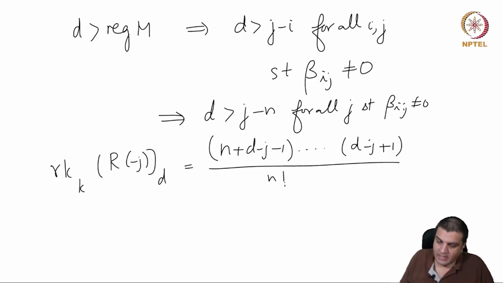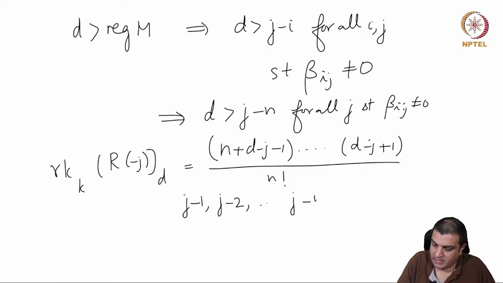And this value is given by a polynomial for everything. So the zeros of this polynomial are J minus 1, J minus 2, all the way up to J minus n plus 1.